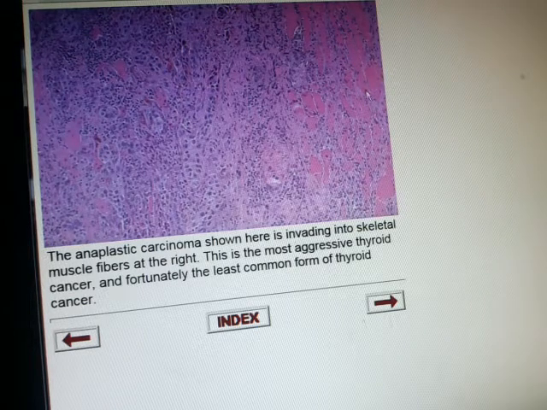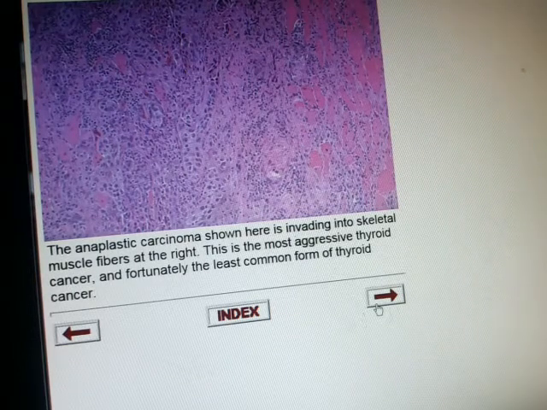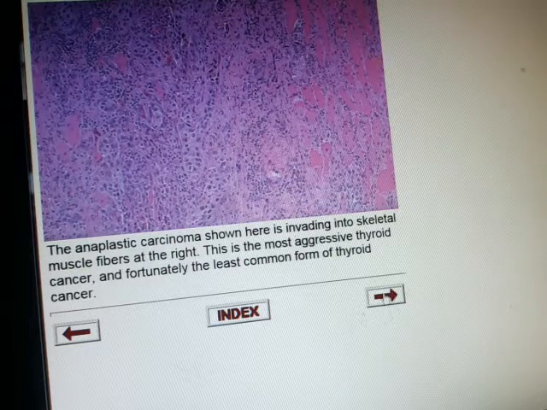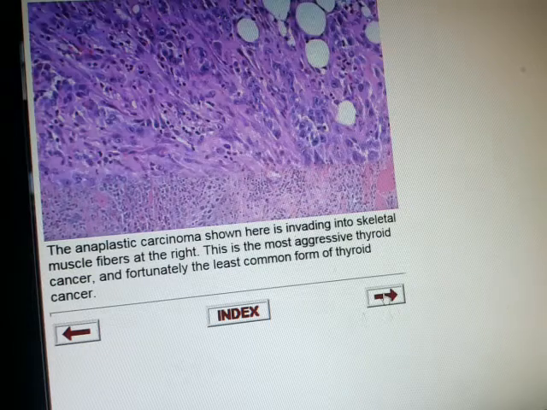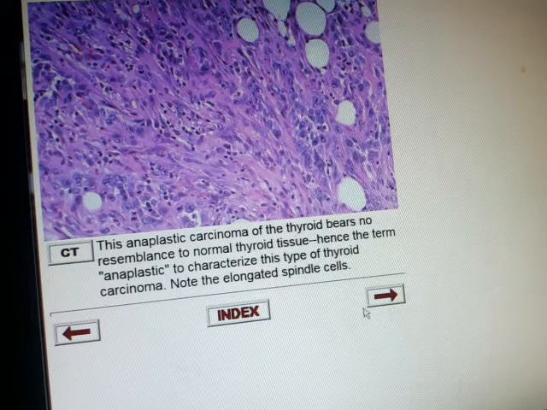These are the skeletal muscle fibers, and the malignant cells are infiltrating in between, which means extraglandular extension or infiltration. The anaplastic carcinoma is the least common type of thyroid malignancy.